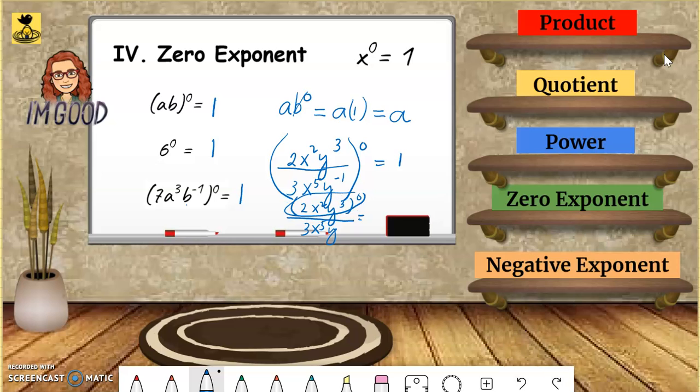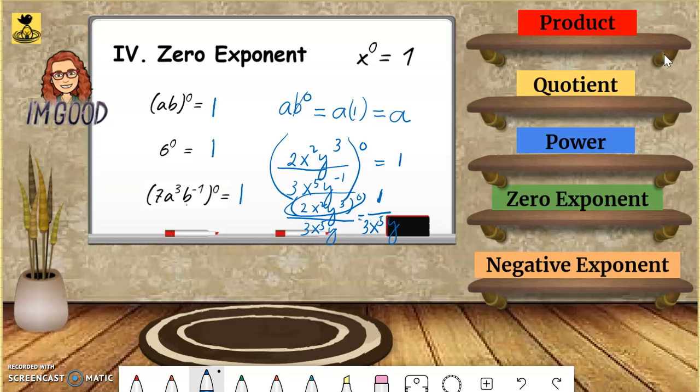So that will be 1 over whatever you see here. You just simply copy it: 3x to the 5th y. So look at the difference. Only the numerator is raised to the power of 0, so that is equivalent to 1. But the denominator is just the same. Nothing will change, so you will just copy the denominator.